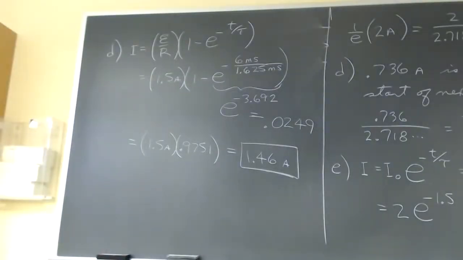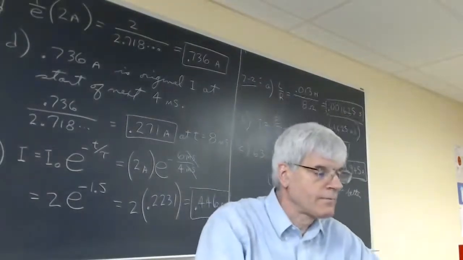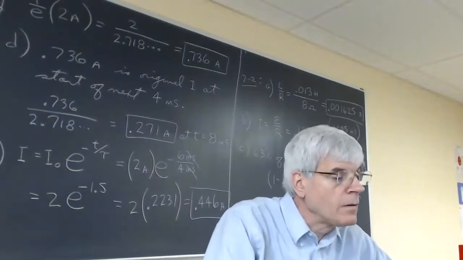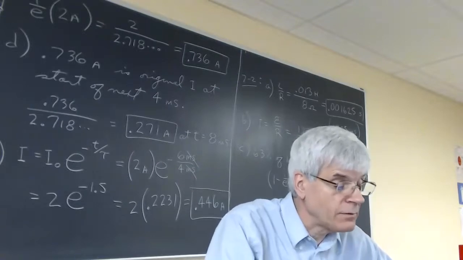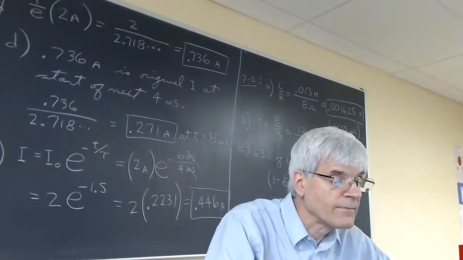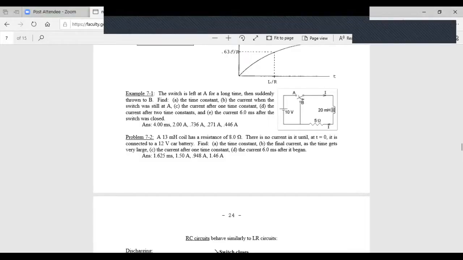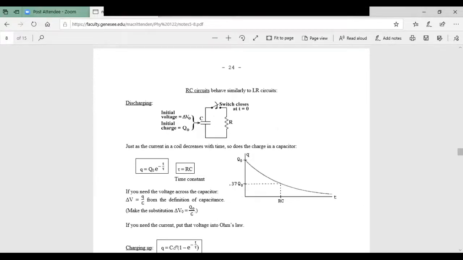Let's see. Back to the notes, or the note packet. This is all notes. Well, what if instead of a resistor and a coil, what if you had a resistor and a capacitor?